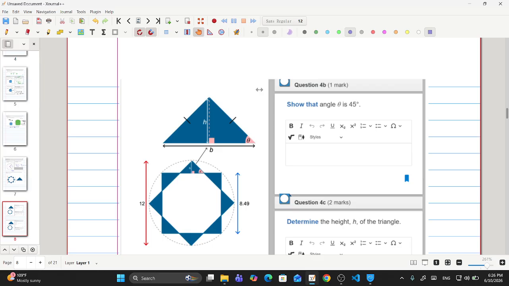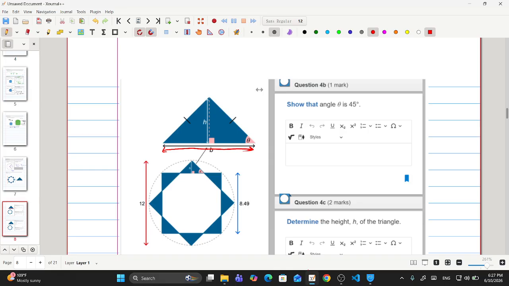Look, we know that the base of the triangle, this one, is completely horizontal, right? This base is completely horizontal, and an octagon is being created as well.